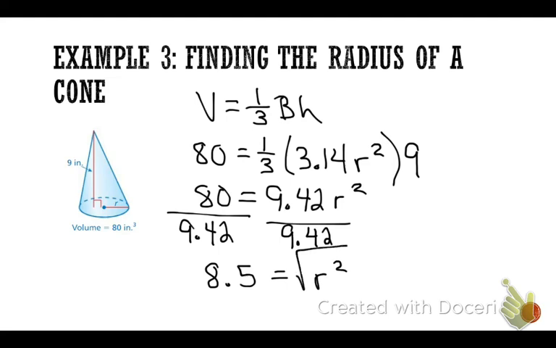So when I take the square root, I'm going to say r is approximately 3. It's really, really close to 3, isn't it? Because the square root of 9 is 3. So there comes that approximation again that you just had on your last test. All right, r is approximately 3.